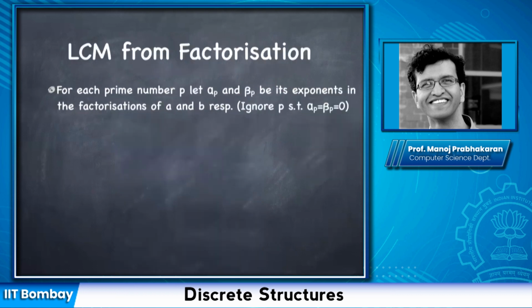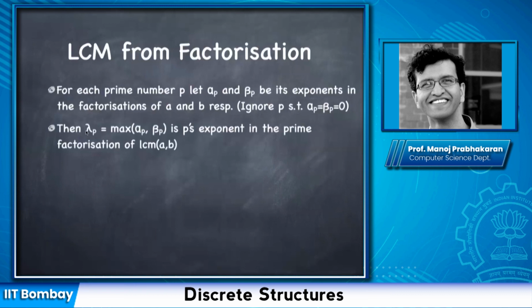Going back to thinking in terms of LCM from factorization, it's very similar to what we did for GCD. Given factorizations of the two numbers A and B in terms of alpha p and beta p, the exponent of each prime number p in the factorization of the LCM is the maximum of the two.